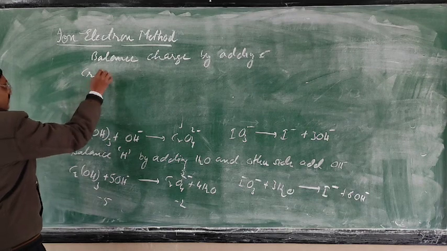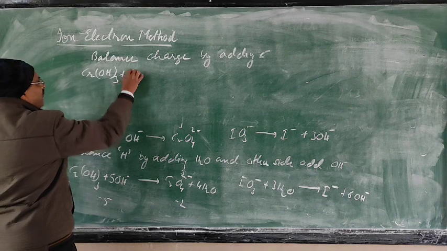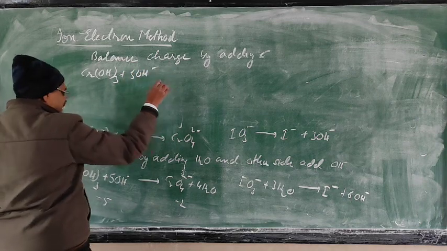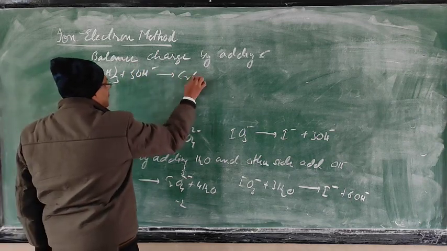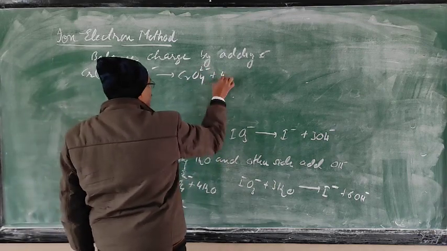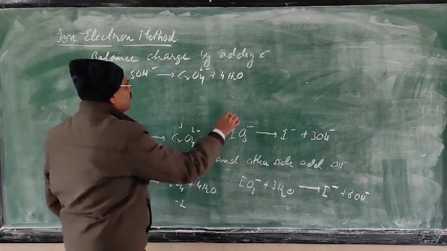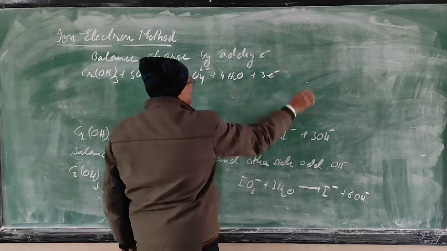So Cr(OH)3 plus 5 OH negative gives CrO4 2 negative plus 4 H2O plus 3 electrons. Minus 5 and minus 2, so 3 electrons.